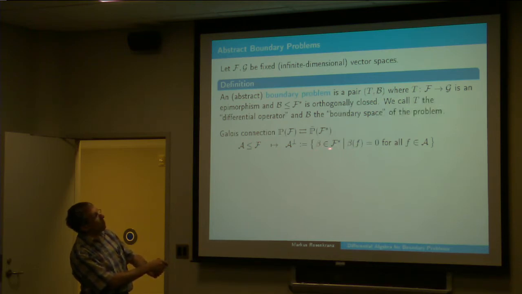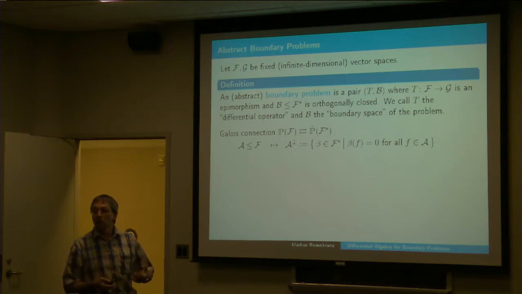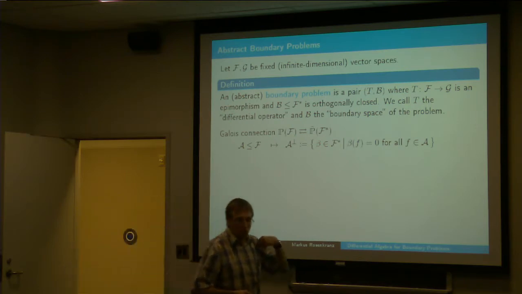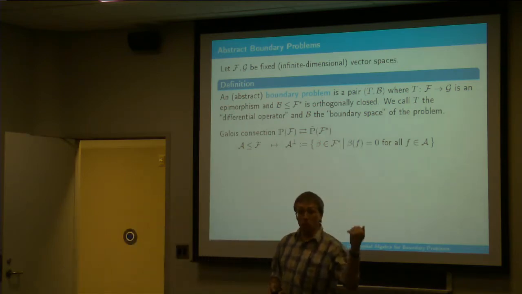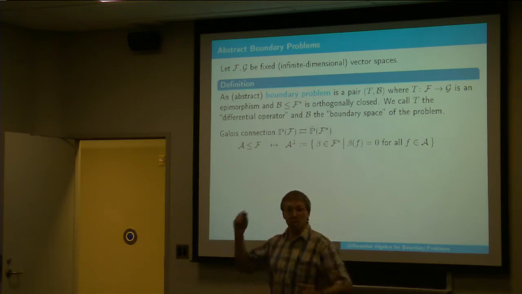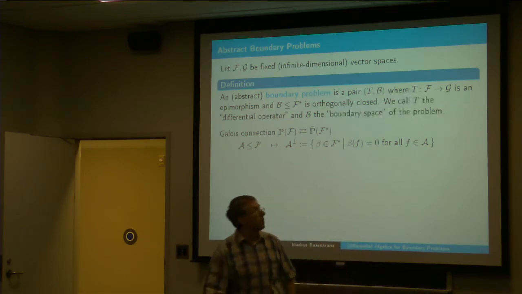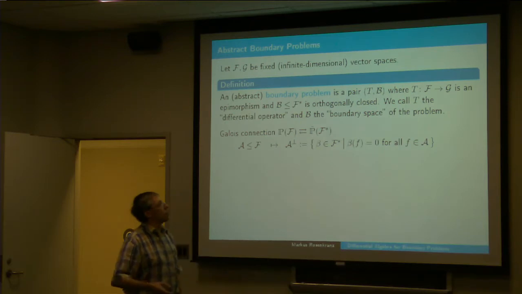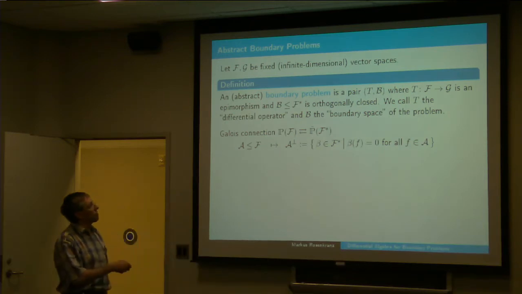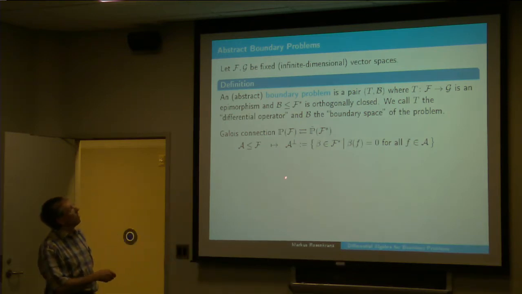In the sense, which linear functionals annihilate them? That's very similar to what you do in algebraic geometry, where you have varieties and ideals. Just here it's linear. It's much simpler. It's also an order reversing Galois connection. So the orthogonal of A is the conditions satisfied by A, and vice versa.